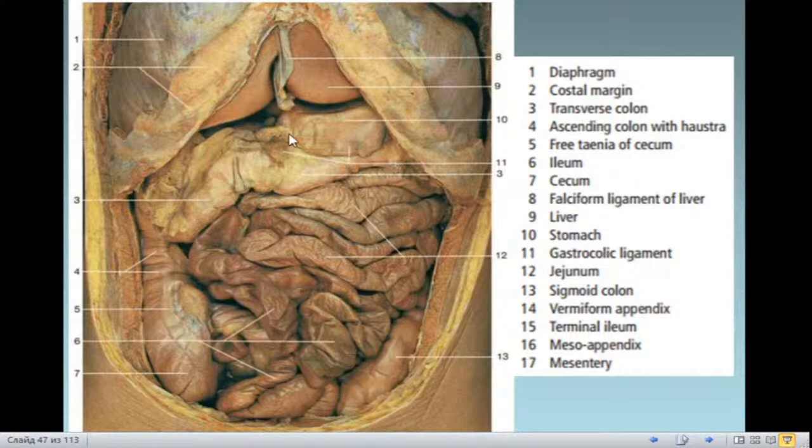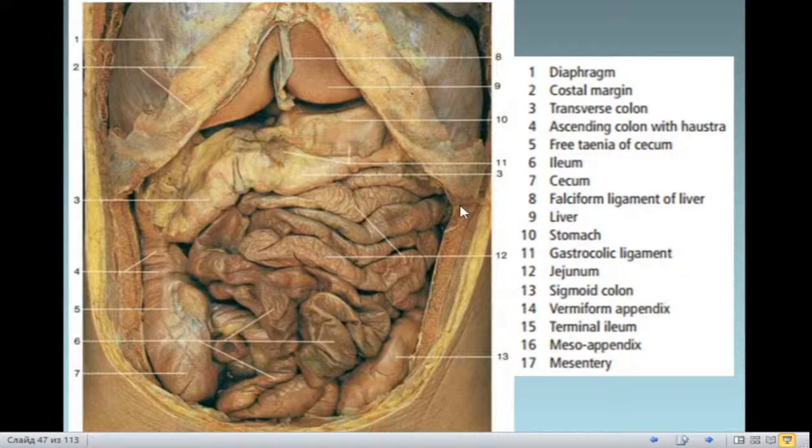Small intestine starts from the pyloric sphincter of the stomach, has the name intestinum tenue, and is divided into three parts: duodenum, jejunum, and ileum.